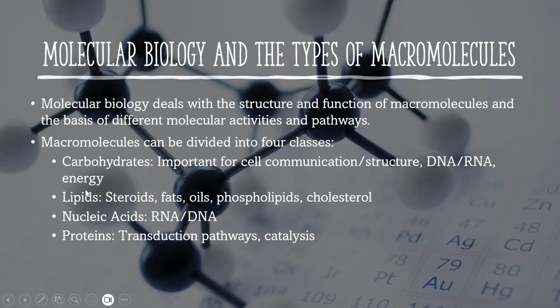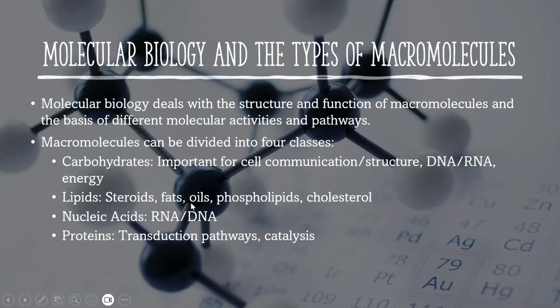So, and then you have lipids. Lipids are also something you can find on the cell. Glycolipids are also on the cell, which are also used for communication and structure. Steroids are a type of lipids, so all those different hormones, different fats, different oils, different plant oils like olive oil.